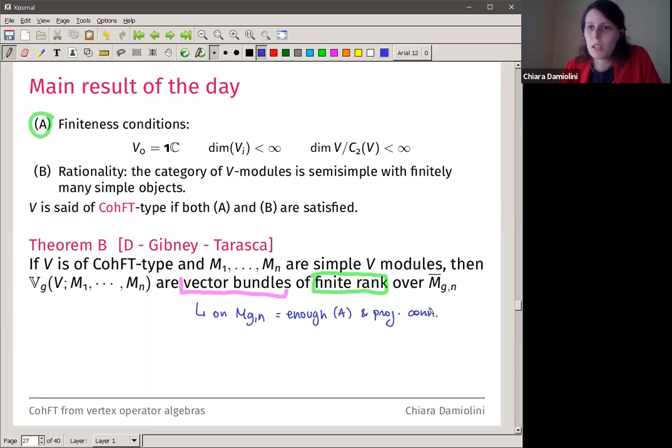This is a standard thing: every time you have a coherent sheaf, so something finite dimensional, and we have a projective connection, your space is actually a vector bundle, meaning it's locally free. But for M_{g,n} bar, to extend this property to the boundary, we need both A and B.